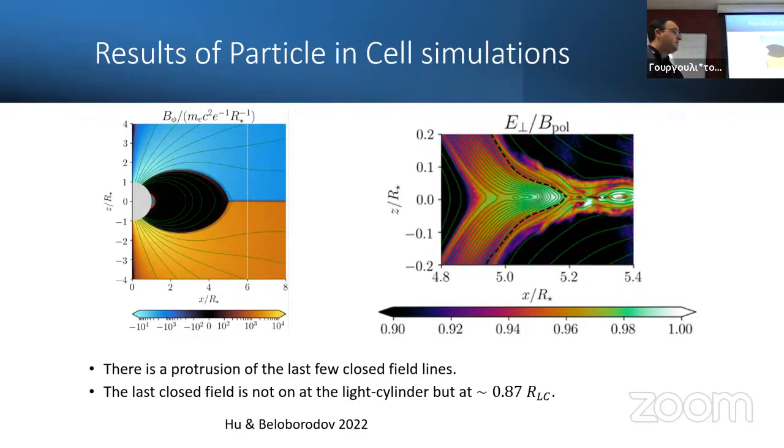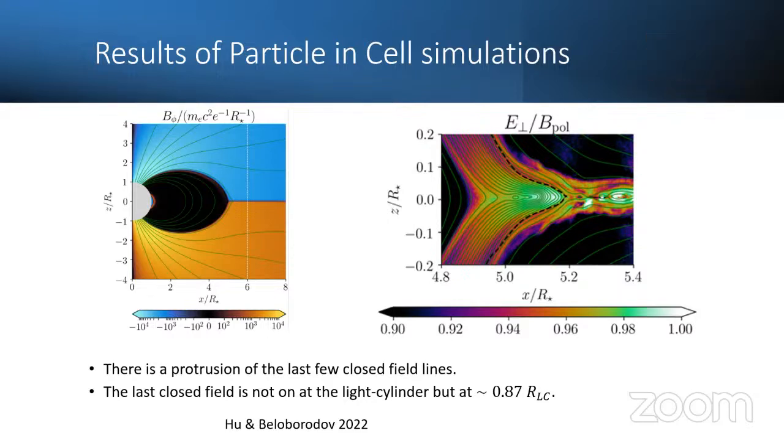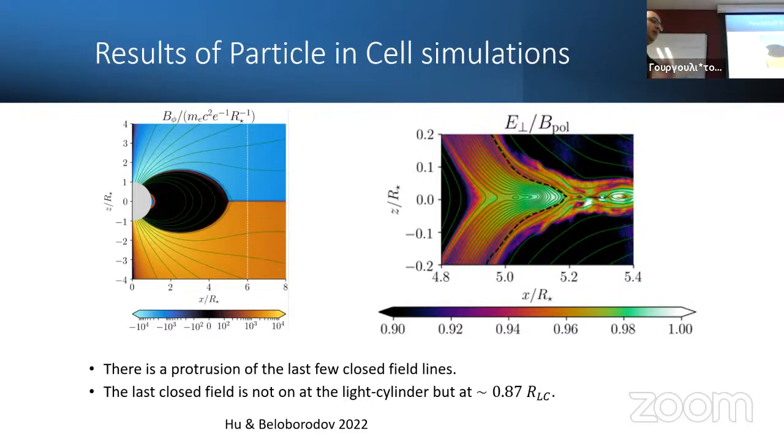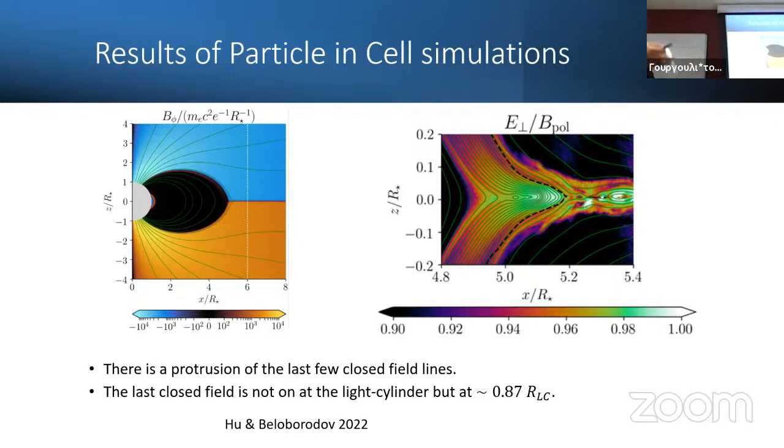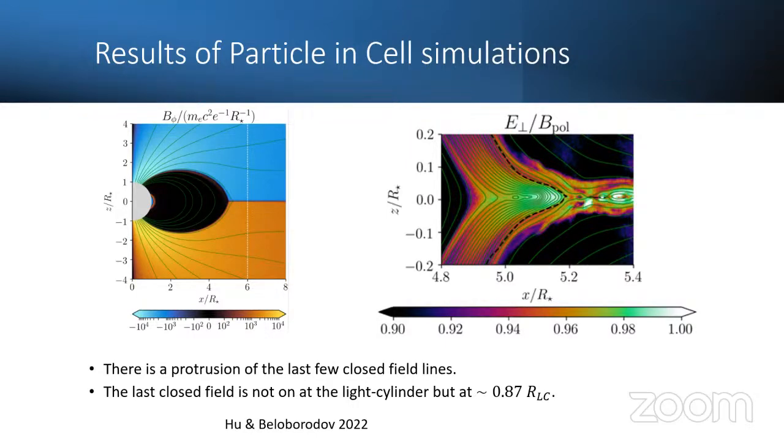The second one is the MHD approach, where we load the magnetosphere with a very small amount of mass, then we introduce some rotation and we try to see how the system is going to evolve. Then there is the approach of force-free electrodynamics, which is introducing some rotation and finding the solution. And over the last few years, we started having results of particle-in-cell simulations.